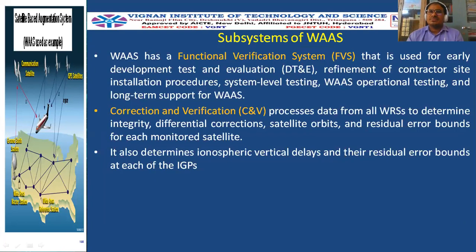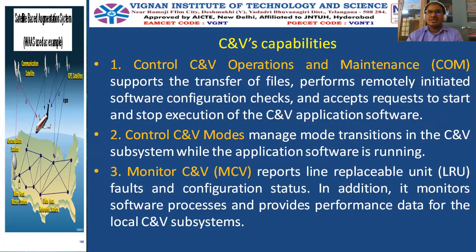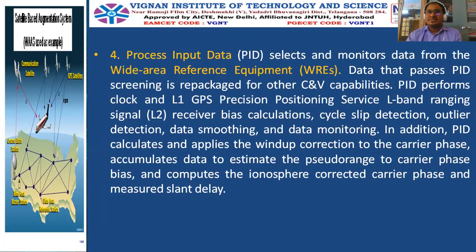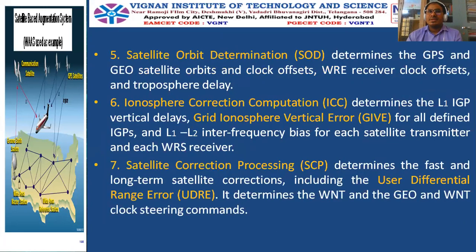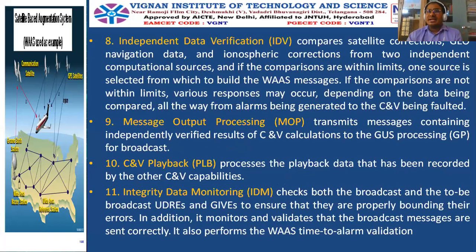Of course, the subsystems of WAAS, functional verification, correction and verification, we have learned. C&V has 11 capabilities. Just name them: control C&V operations and maintenance, COM; control C&V modes; monitor C&V, MCV; precise input data; satellite orbit determination; ionospheric correction computation; satellite correction processing; independent data verification; message output processing; C&V playback; and integrity data monitoring.